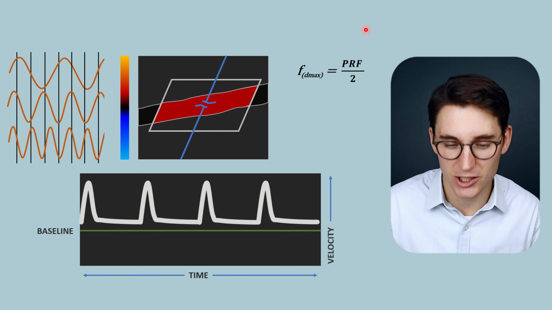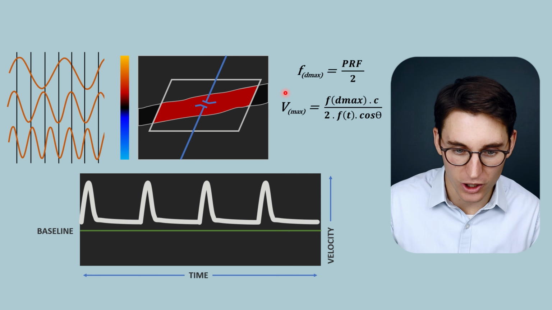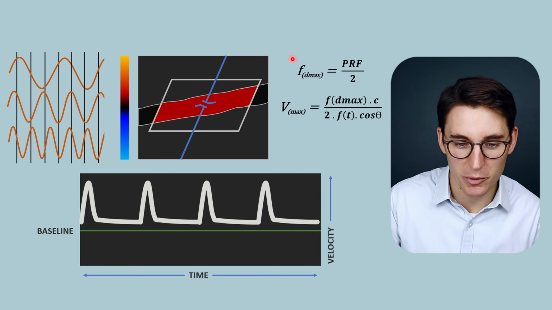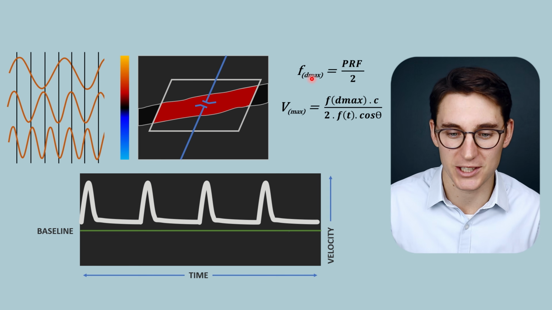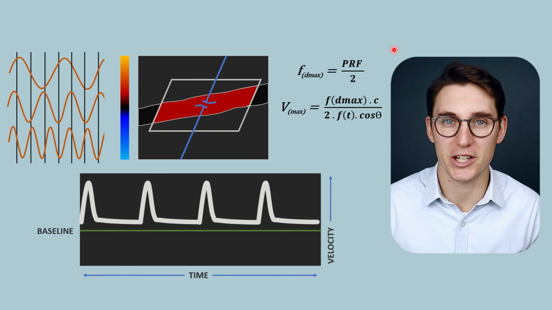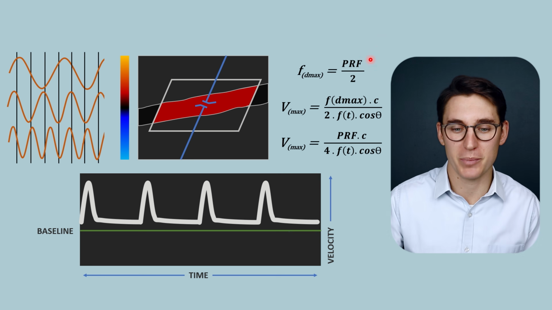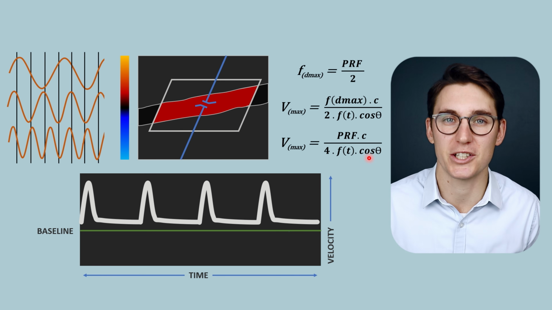Now we can use this equation and plug it into our velocity equation. The maximum velocity that we can calculate is determined by the maximum Doppler shift frequency. So we can plug that maximum Doppler shift frequency into our Doppler equation here. And because we have a PRF value, we can then substitute the PRF value into the Doppler equation.